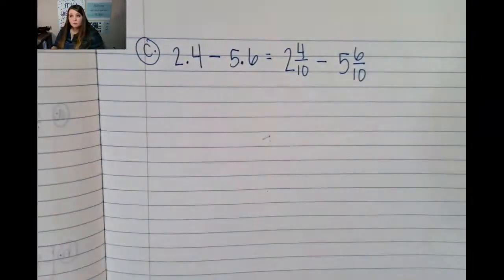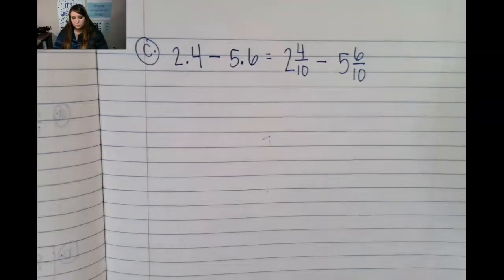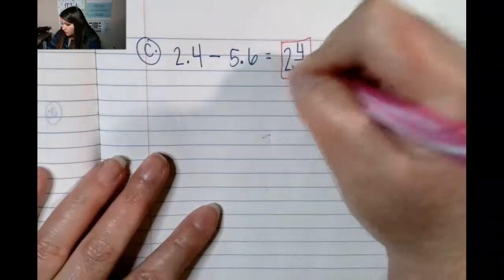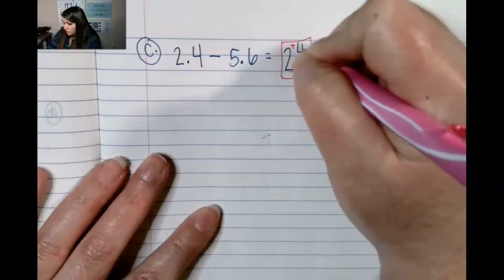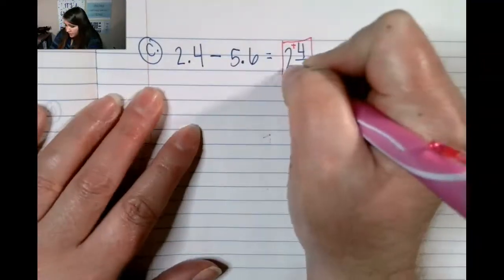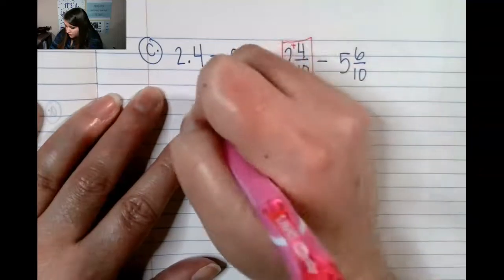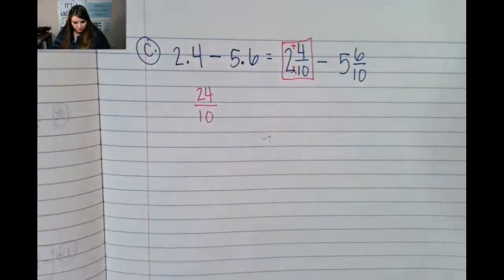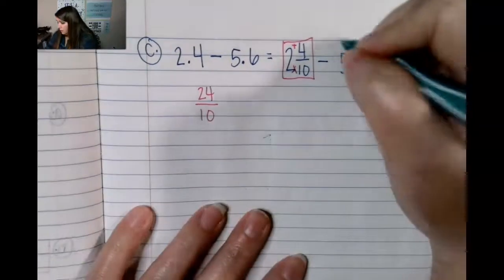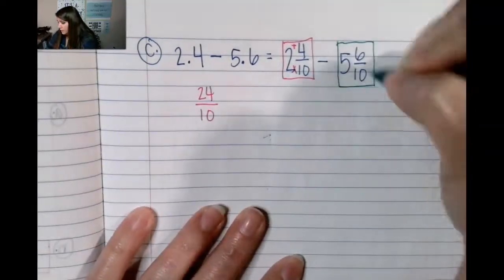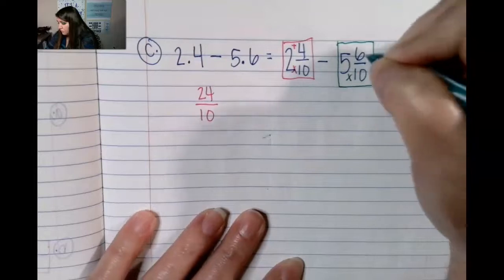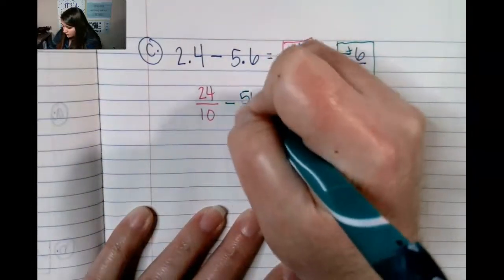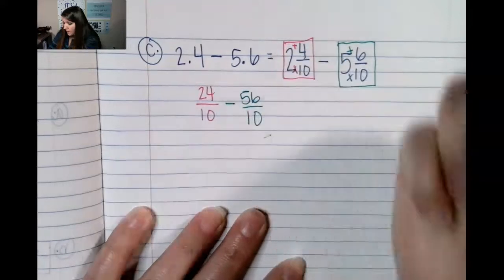Now we're going to convert these to improper fractions. 10 times 2 is 20 plus 4 is 24 over 10. That's that one. This one, I get 10 times 5 is 50 plus 6 is 56. So I'm subtracting 56 over 10.